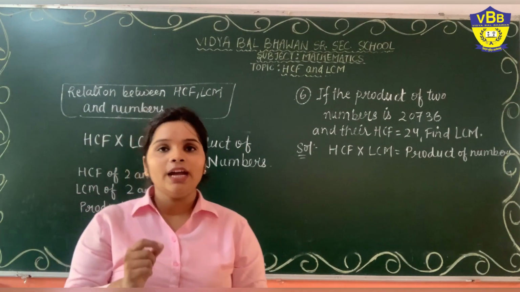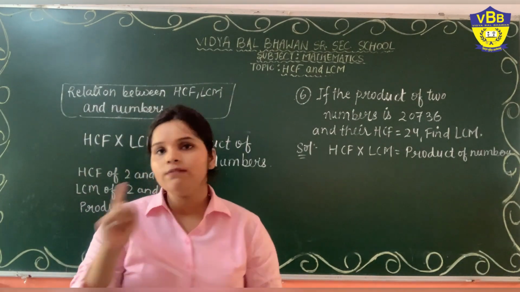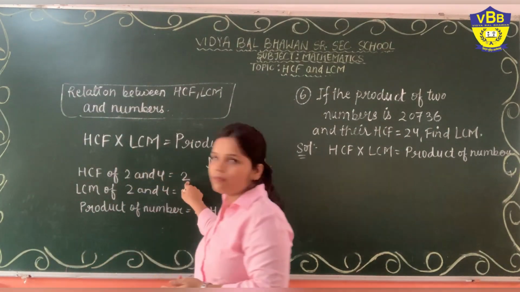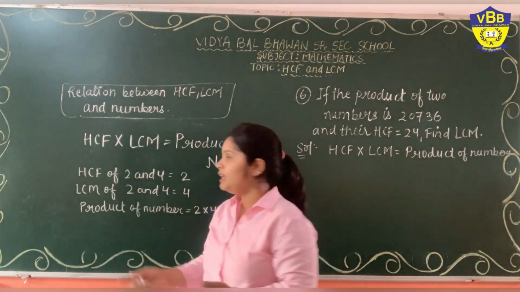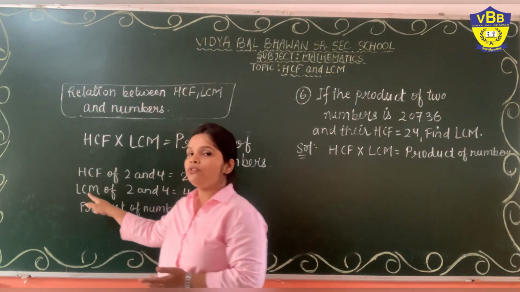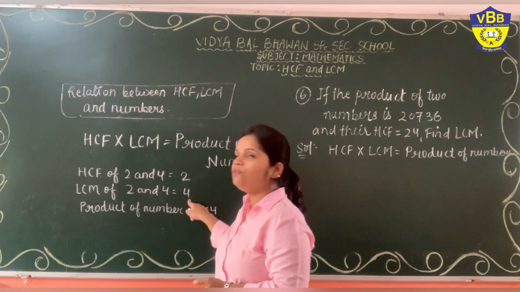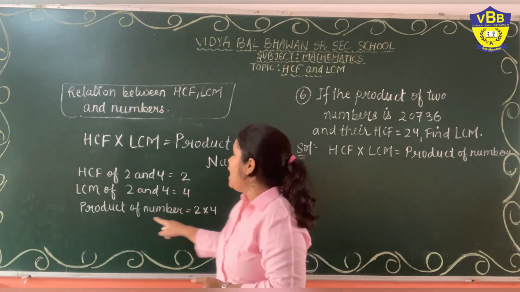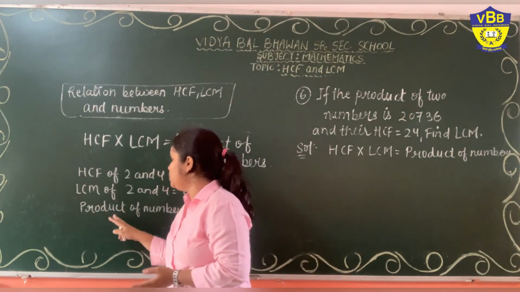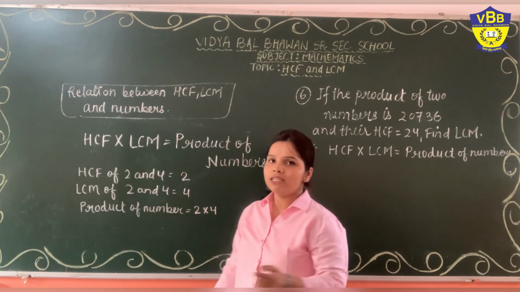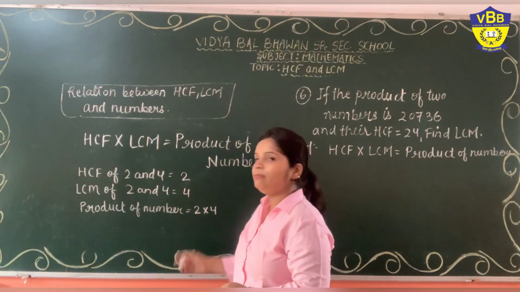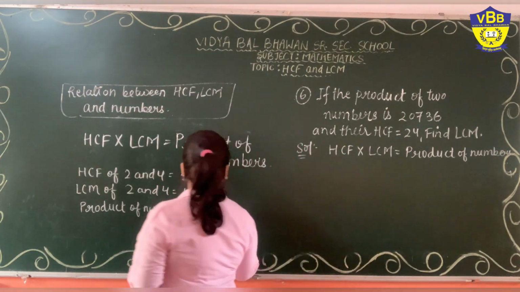If I find the HCF of 2 and 4, that is 2. Then when I find the LCM of 2 and 4, that is 4.